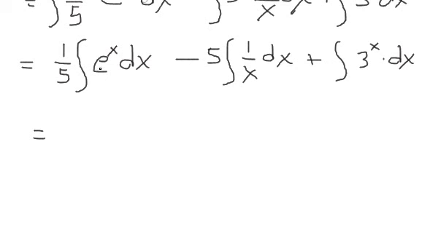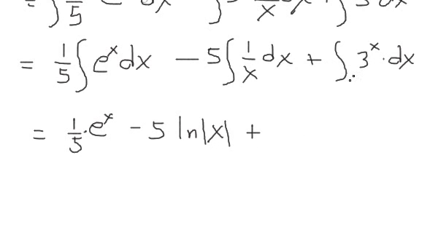Alright, so the integral of e to the x dx is just e to the x. And of course, we got this 1/5 out front. We want to make sure we rewrite that. Now, the integral of 1 over x is the natural log of the absolute value of x, however you want to say that, plus, now you take the natural log, you're going to be taking the natural log of 3.